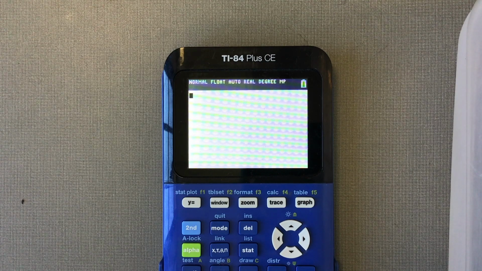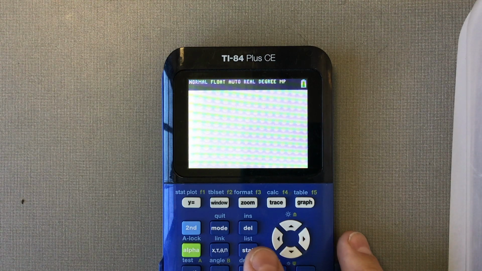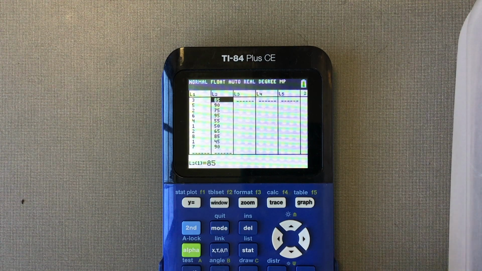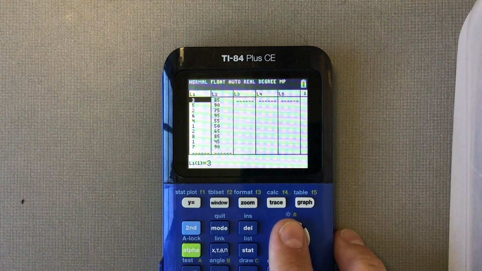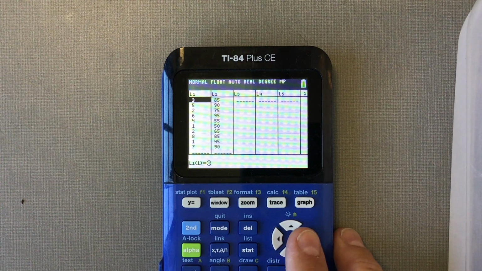So let's take a look at how we make a scatter plot. We're going to go into the stat menu, go to our lists and press edit, and put in our data. I already have it all in here, so you should do the same while I explain really quickly. I put all of the study hours into list 1 in the order that the table presents.